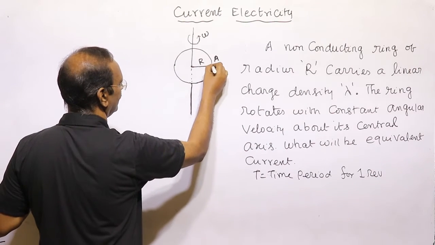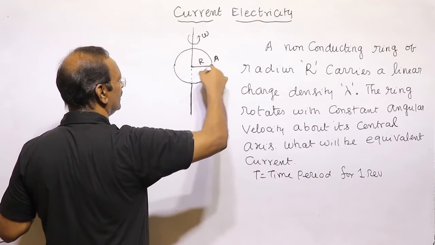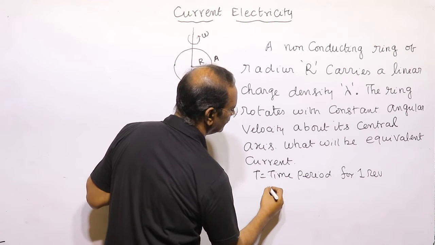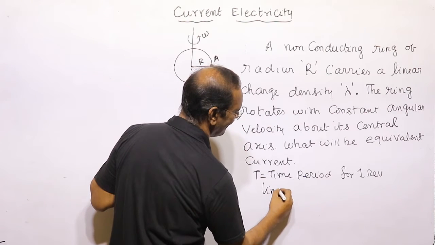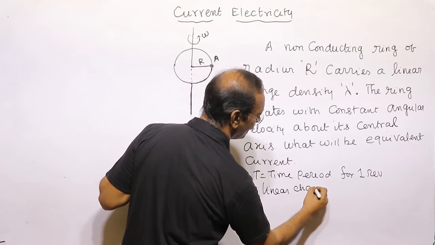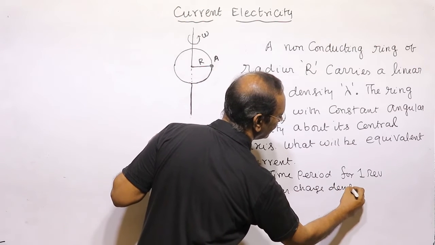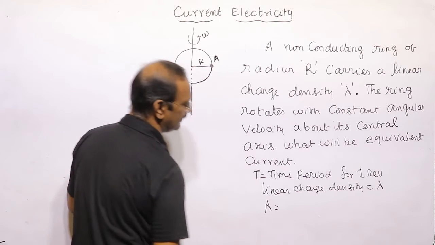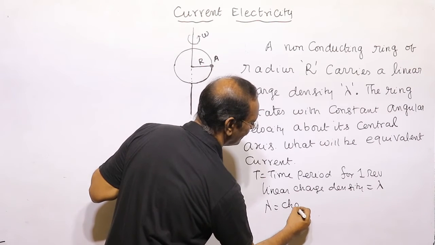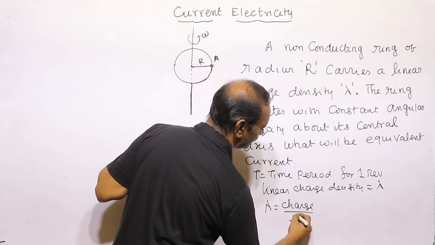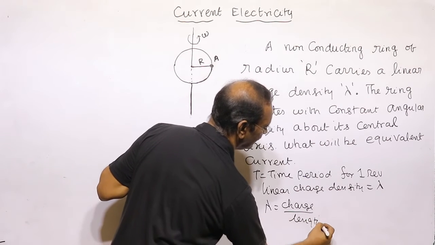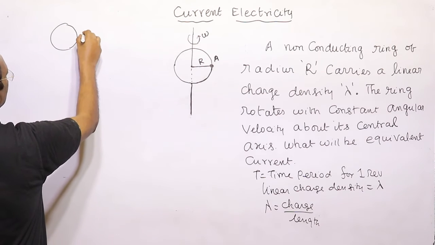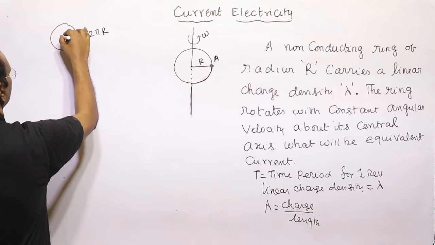For one revolution, how much charge will be passing through the point A? It is given the linear charge density is equal to lambda, that is, linear charge density is equal to charge by length. This we have already seen in electrostatics. Suppose this is a ring, its circumference is equal to 2 pi into its radius.